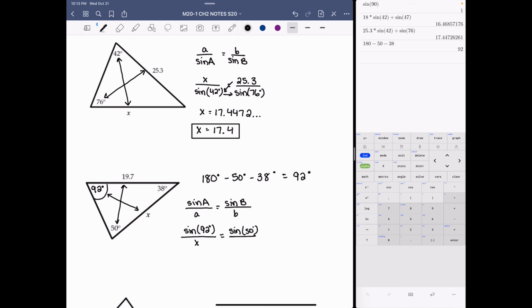And the side length across from that is 19.7. Cross multiply and divide. Multiply diagonal numbers first, then divide by whatever's left. 19.7 times sine 92. Move out of the brackets, divided by sine 50 equals 25.7008. Round to the nearest tenth, we get 25.7.